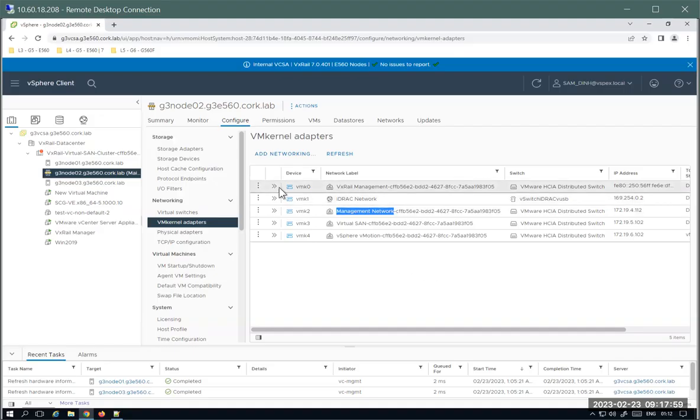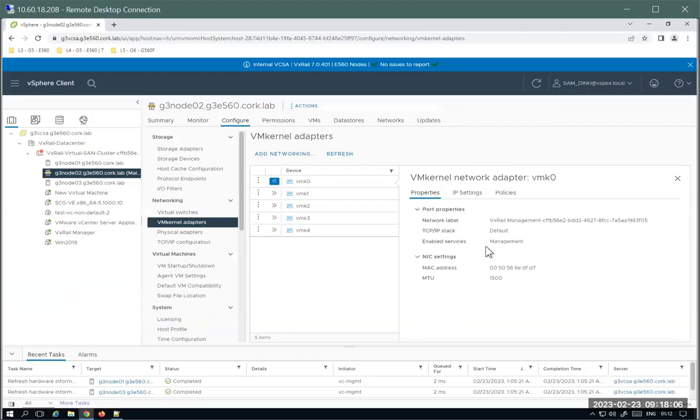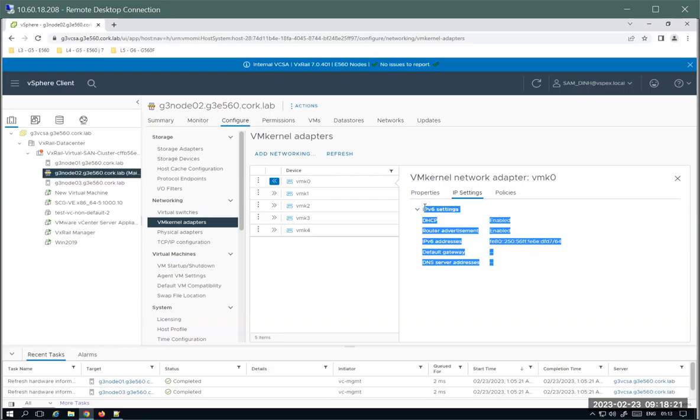Yes, it's management network, but we have two different management networks here, right? We have a management network on VMK0 and also on VMK2. So what's the difference? On VMK2, we don't have IPv4. That means this VMK is not the actual one we use daily, because daily we need IPv4.